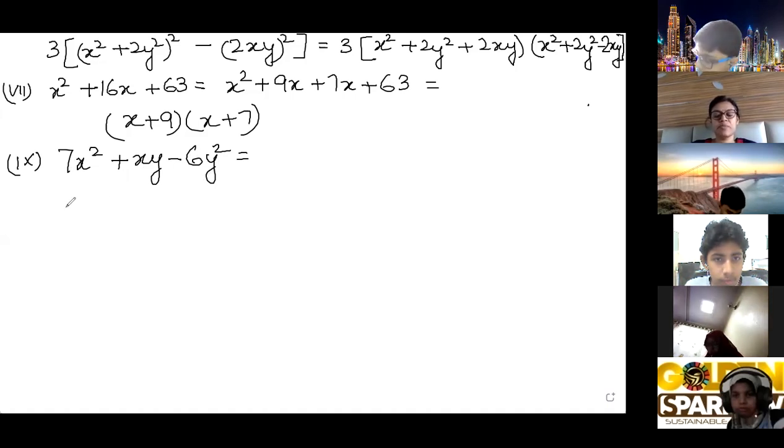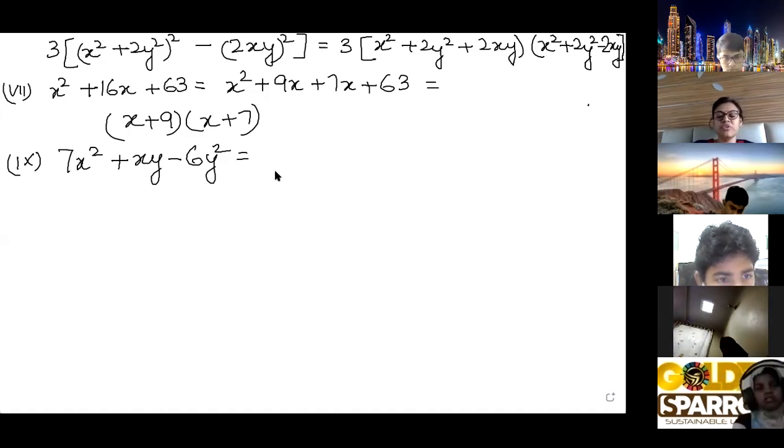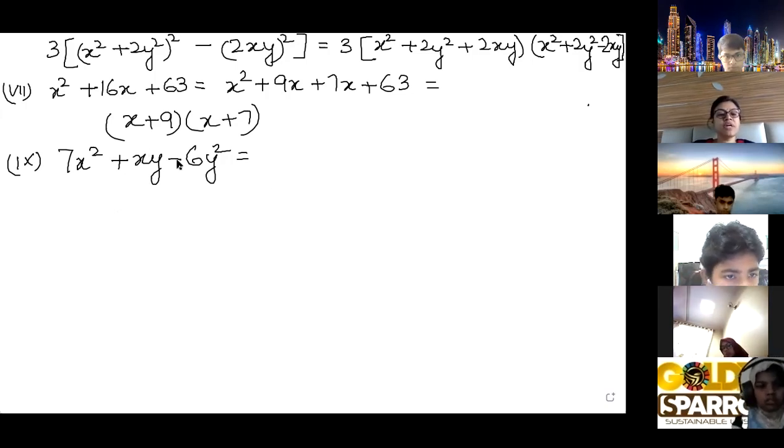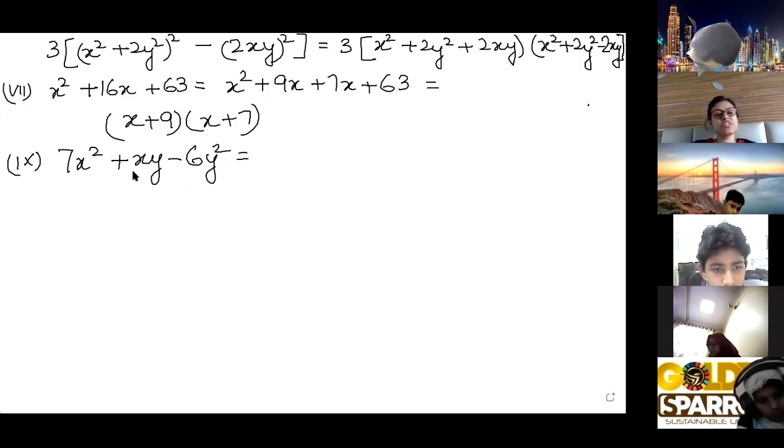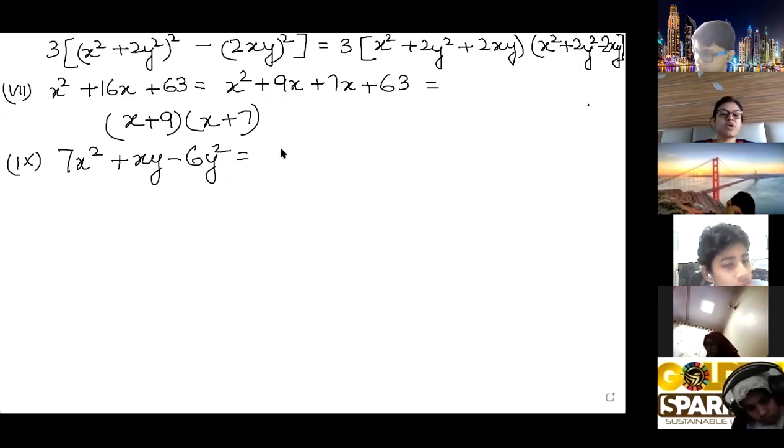You will get xy in the middle, but which number's multiple will you break? Like here you took 63, so here what number will you take? 42, ma'am. Yes, minus 42. 7 into 6 is 42. Break 42 like this, 7 and 6 come, and you should get plus xy, plus 1.